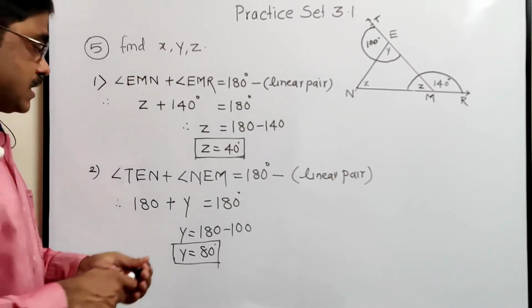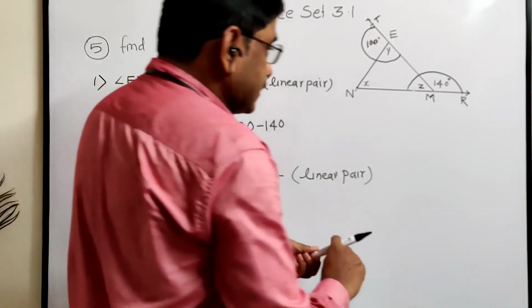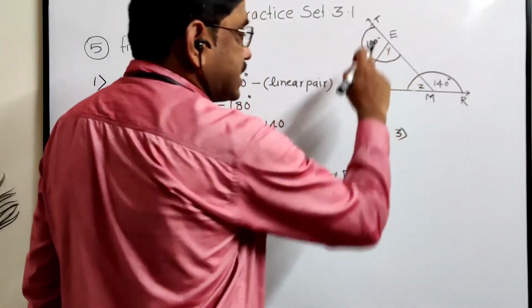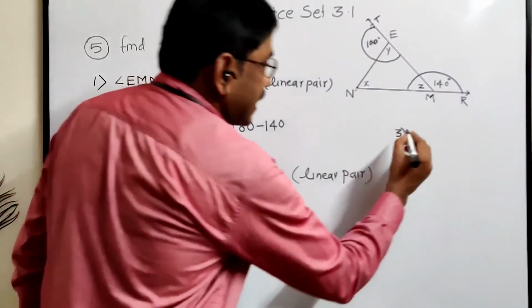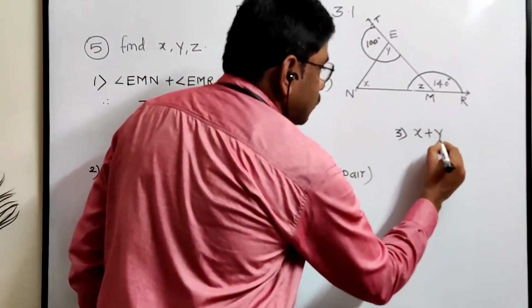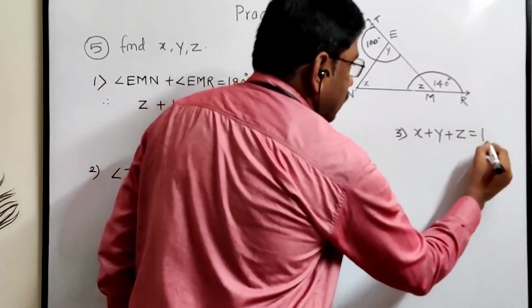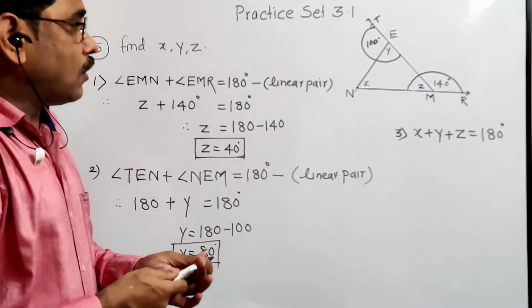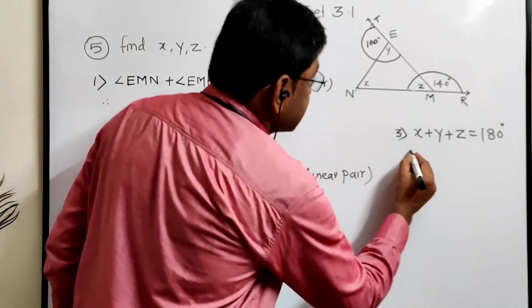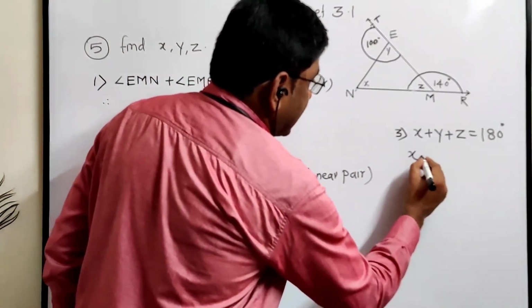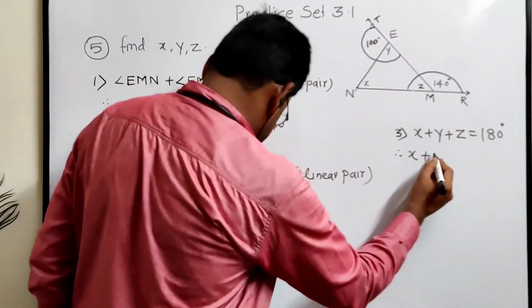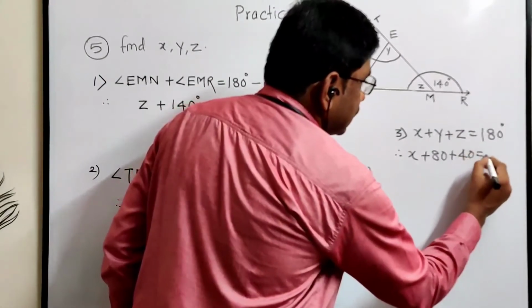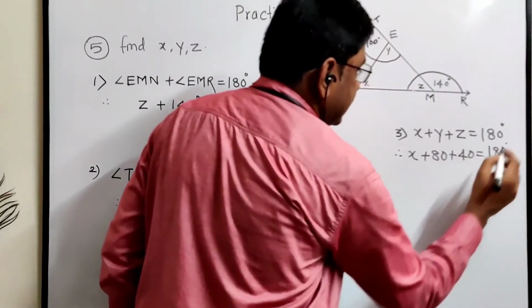You know X plus Y plus Z. Third point is here. X plus Y plus Z, the sum of measures of all angles of a triangle, is equal to 180 degrees. We can write the reason: sum of measures of all angles of a triangle. We have to find X. Y is given 80, then Z is 40, is equal to 180 degrees.